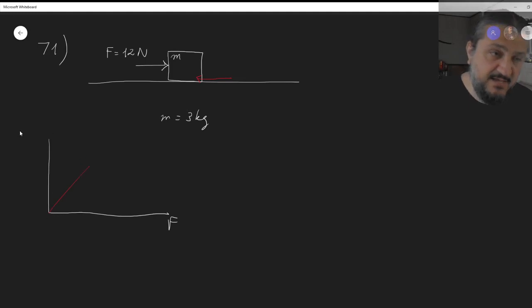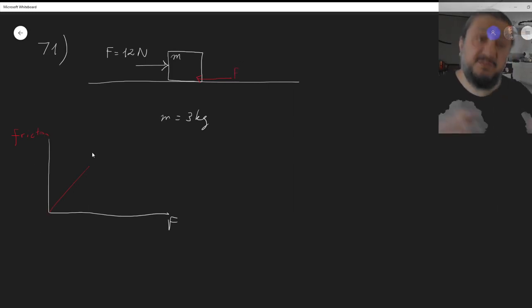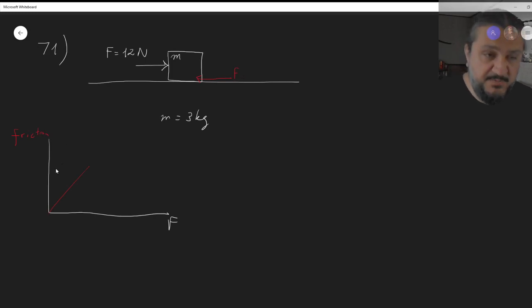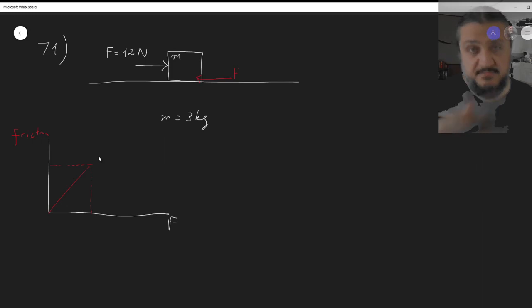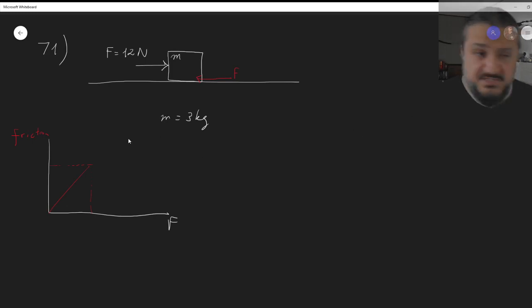So along that line, the friction force increases as you increase the force you exert, up to this point here. And then if you increase more, it's just going to help accelerating the object. Don't worry about that, but basically after that the friction remains constant, like this.